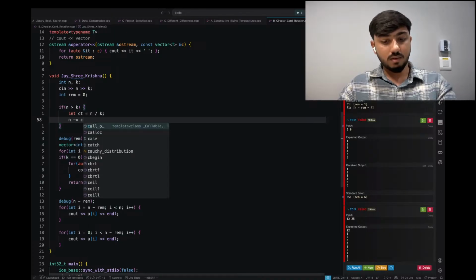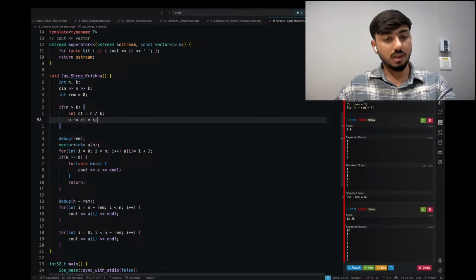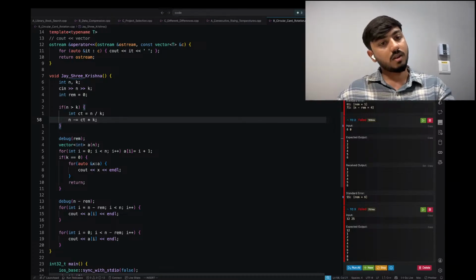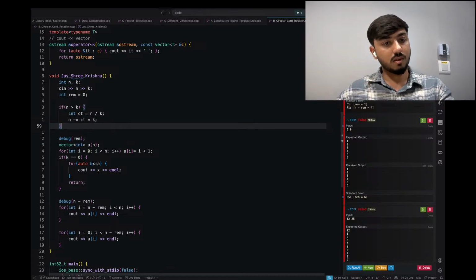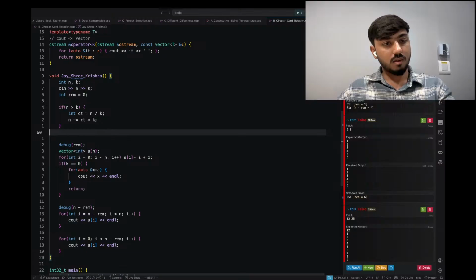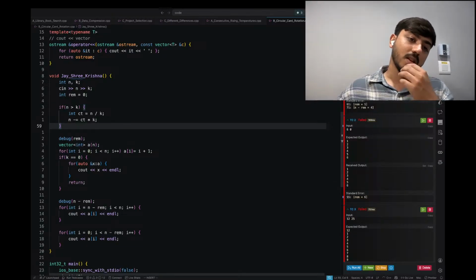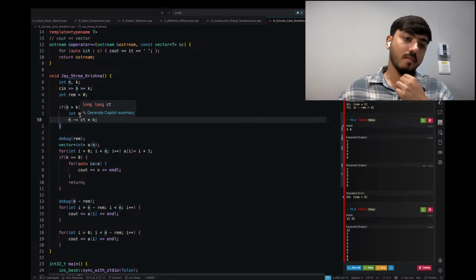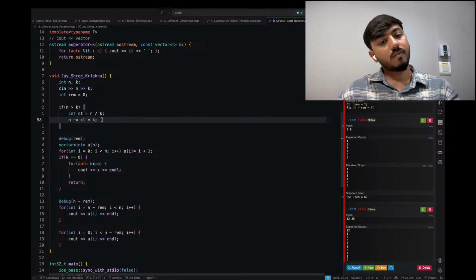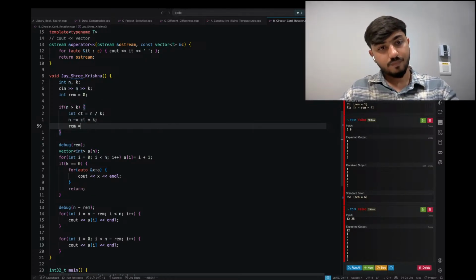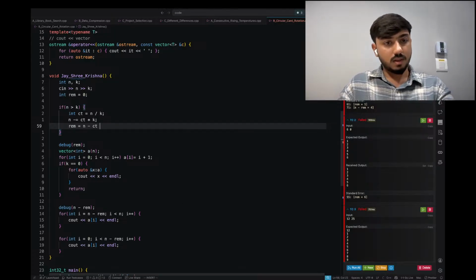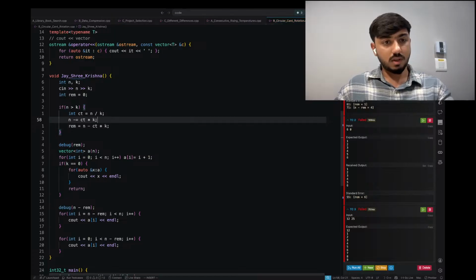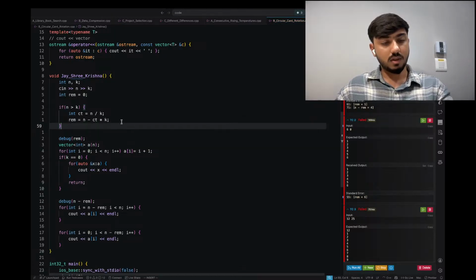N minus is equal to count into k. No, remainder is equal to n minus count into k. Right.